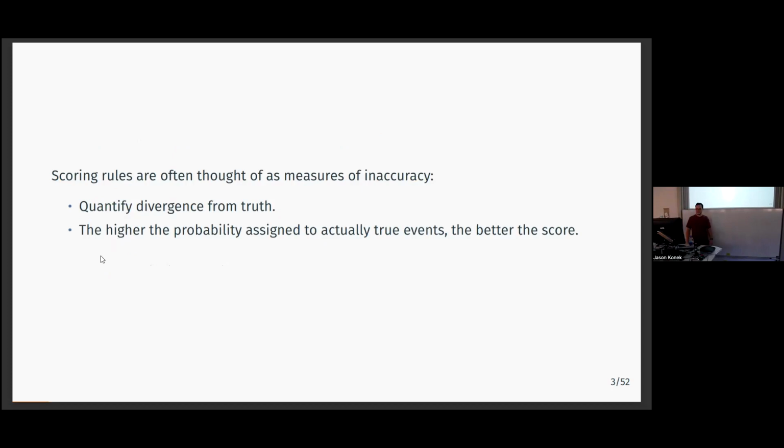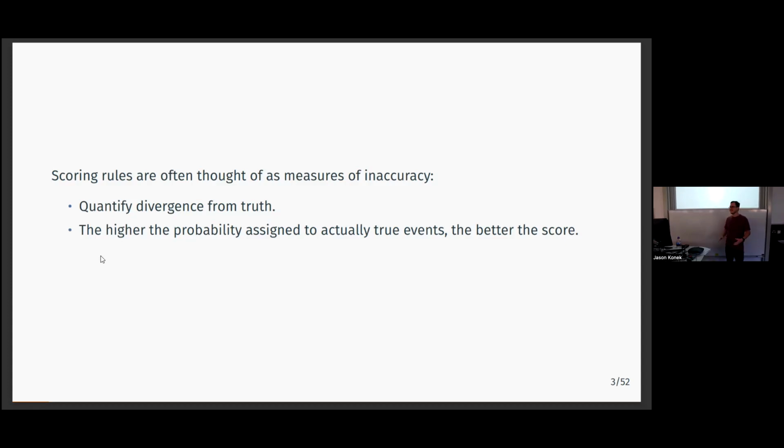All right, so I'll say a little bit about how they've been used. They're used in a lot of different contexts. In the philosophy context, I don't want to say starting necessarily with Jim Joyce, but really taking off on a program, a lot of it executed here at Bristol, is thinking about scoring rules as measuring the accuracy of a forecast.